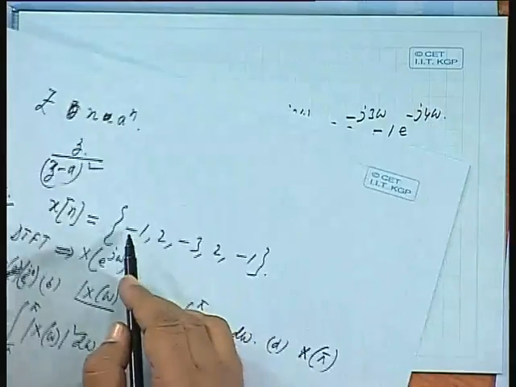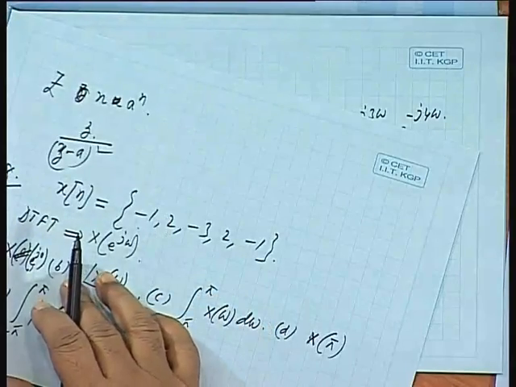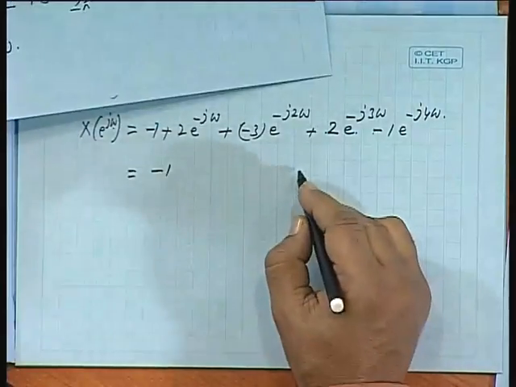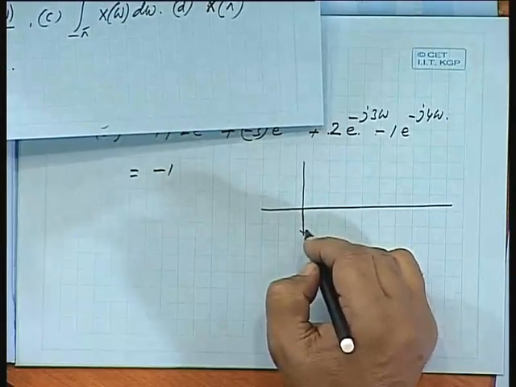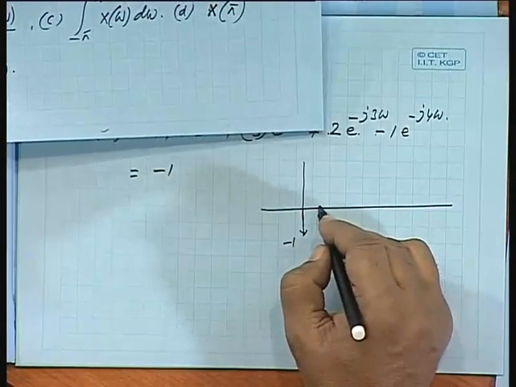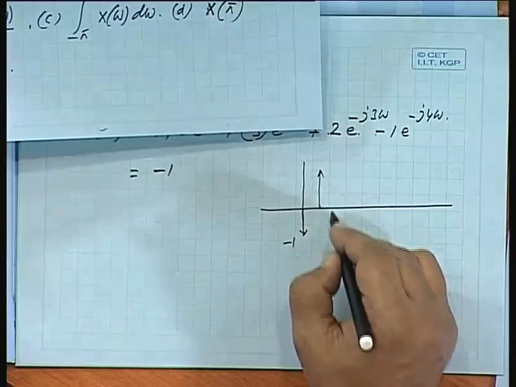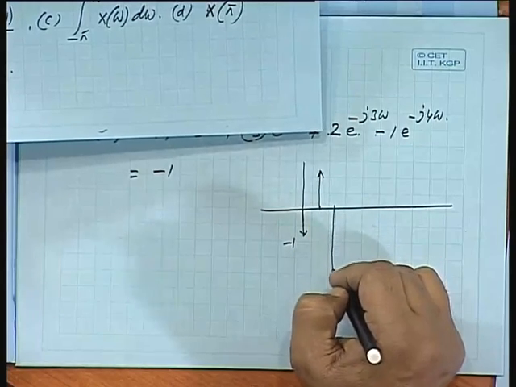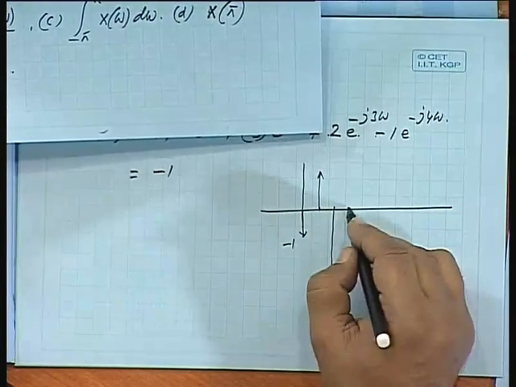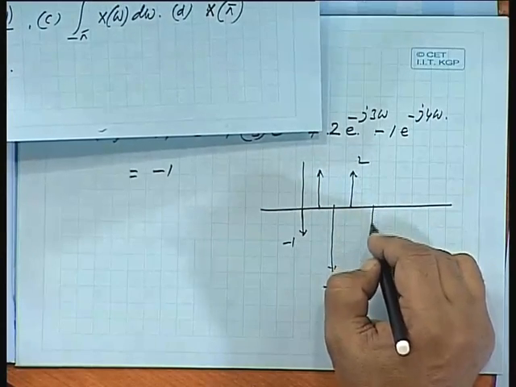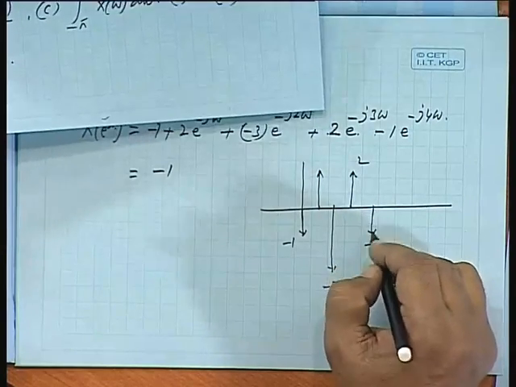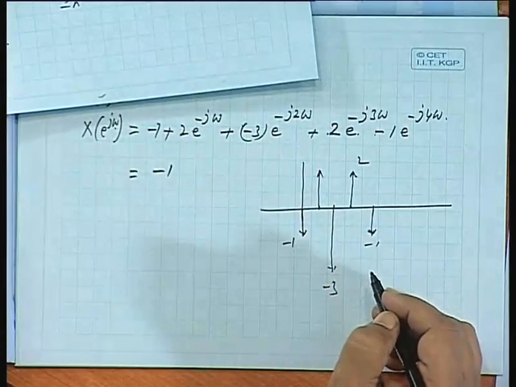Now, the sequence that has been given to you, if you plot, is there any symmetry? Minus 1, then plus 2, then minus 3, then again plus 2, then minus 1. So, it is a symmetric function.